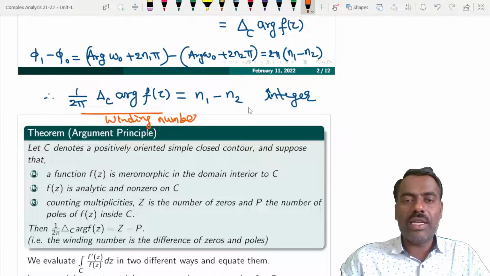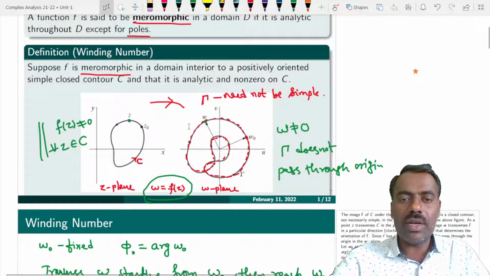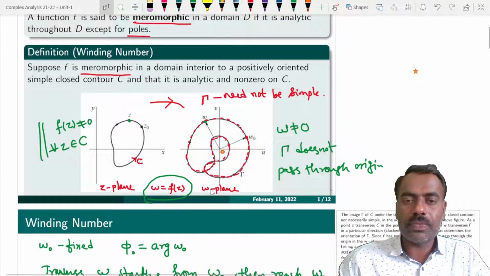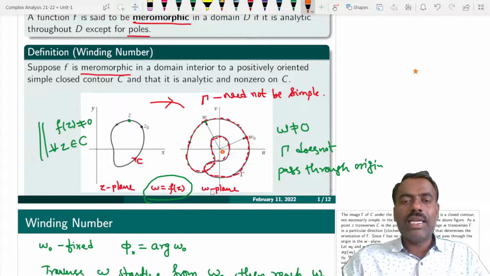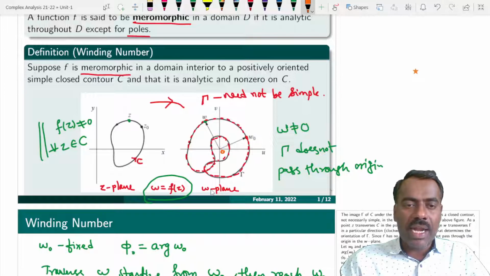This is the winding number of the curve gamma around this origin. We can observe that winding number means how many times it is revolving around that curve, the moment it starts from z naught and reaches z naught again.